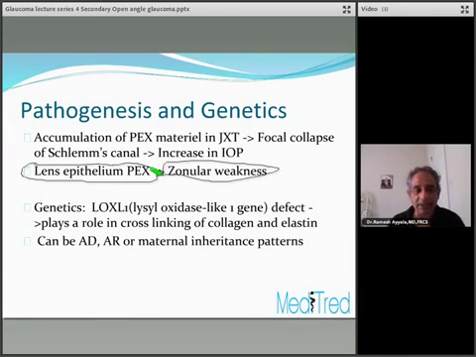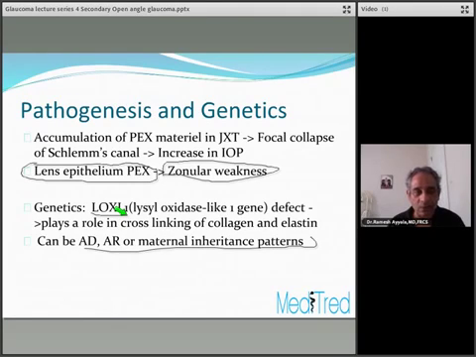In terms of genetics, it's less clear. It could be autosomal dominant, autosomal recessive, or maternal inheritance patterns, all of which have been described. The gene that has been associated with this disease is called the LOXL1 gene, lysyl oxidase-like 1 gene. It's found to be defective.